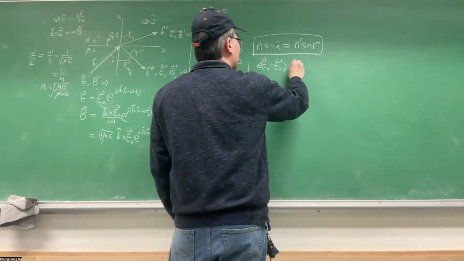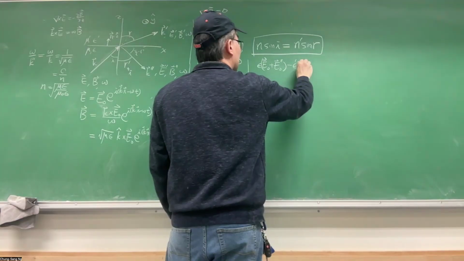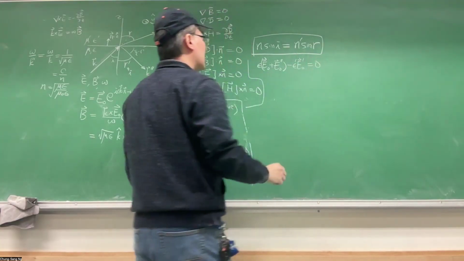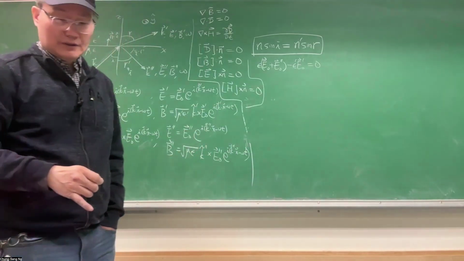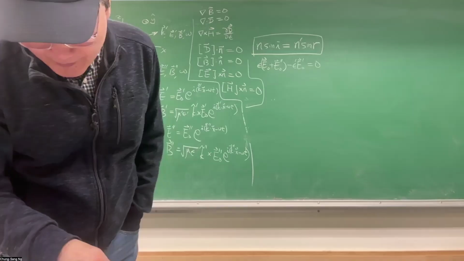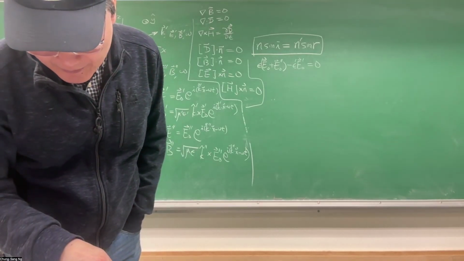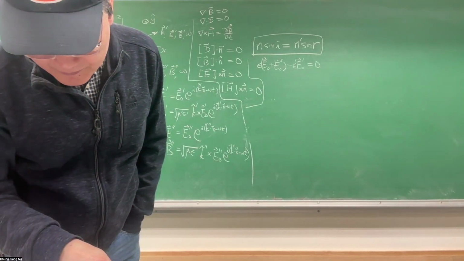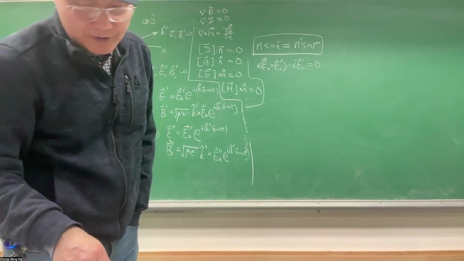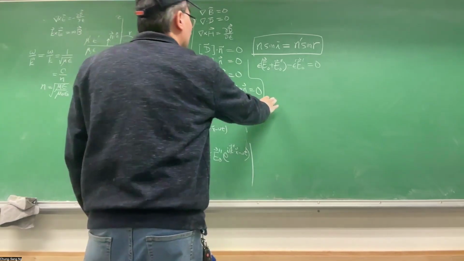So minus epsilon prime E0 prime. That equals 0. That is the first equation, 7.37.